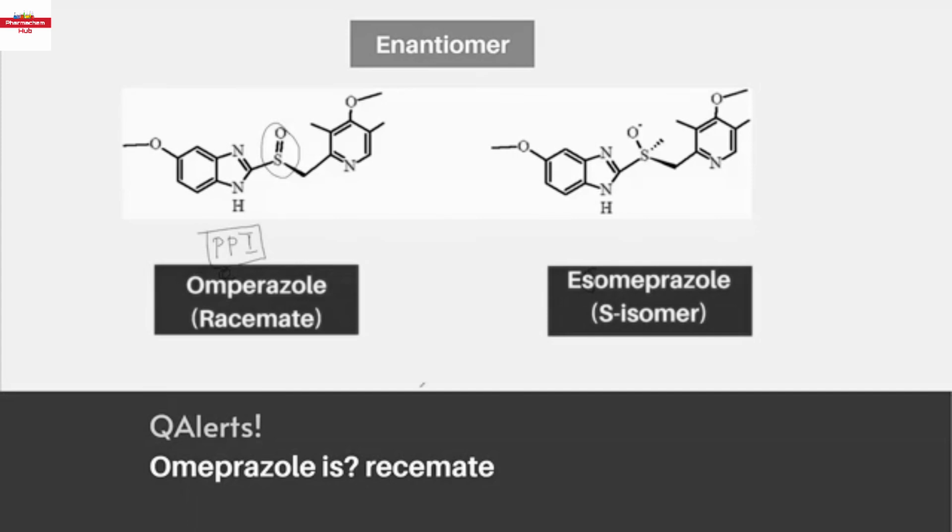A question can be, omeprazole is what? Omeprazole is a racemic. Remember, they're not asking what S-omeprazole is, they're asking about omeprazole. Omeprazole is a racemic. So these are the three important ways: analogs, then active metabolites, and then active isomers.